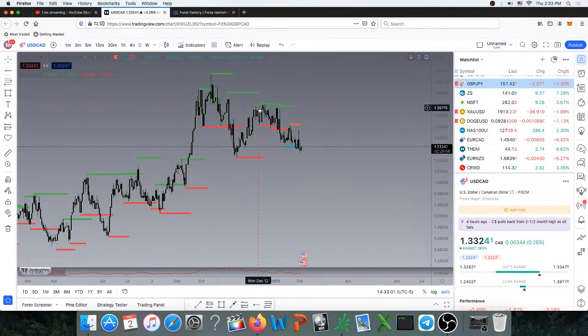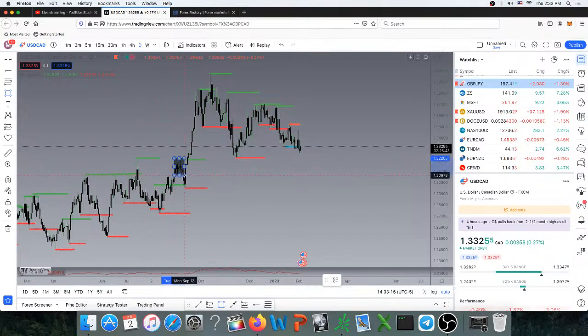Okay, I see the daily broke structure. However, we got a lot of liquidity up here. We have a value area here.